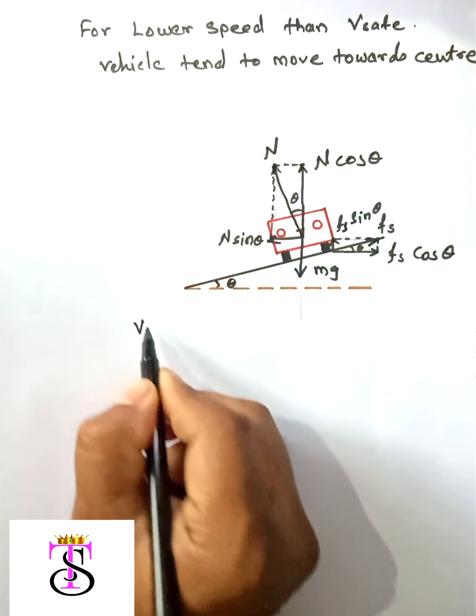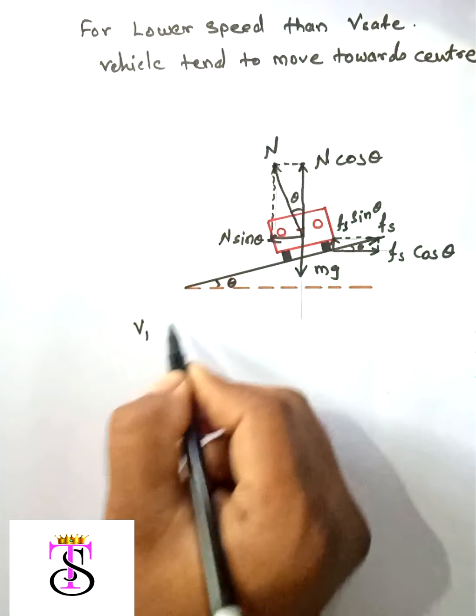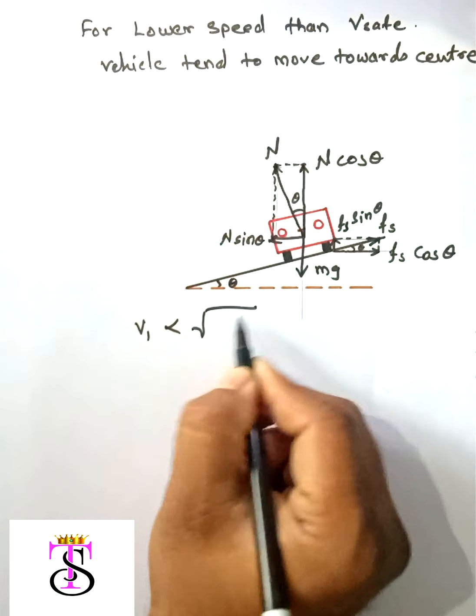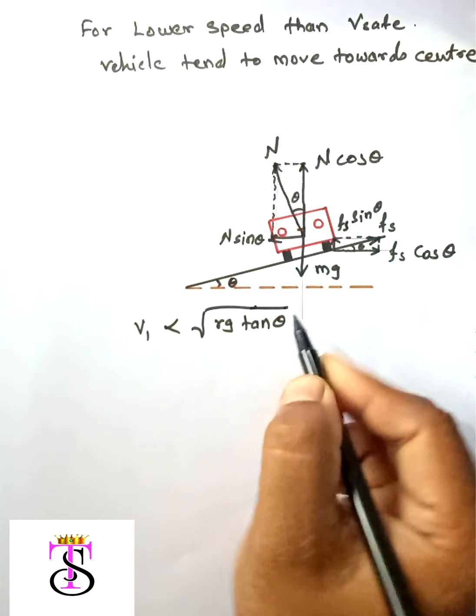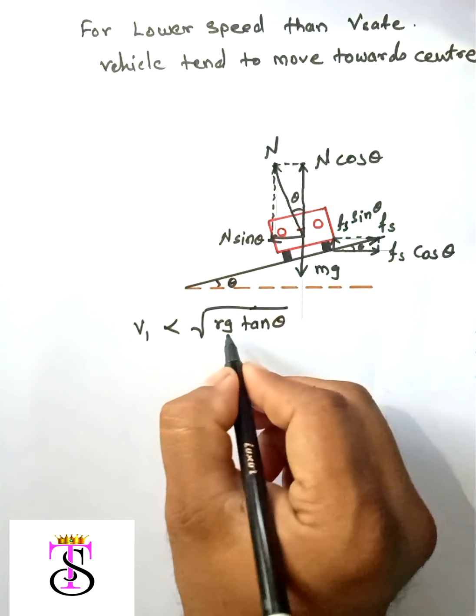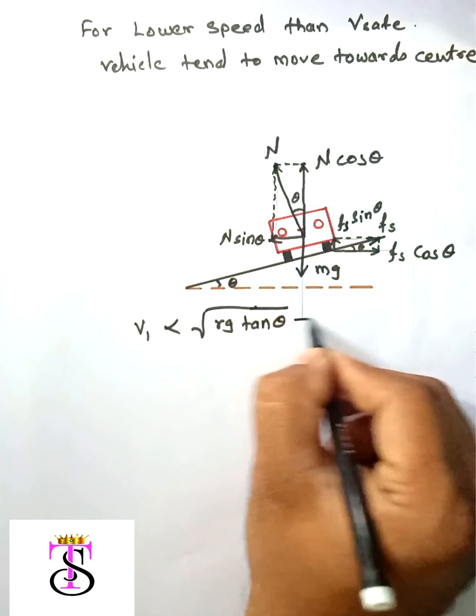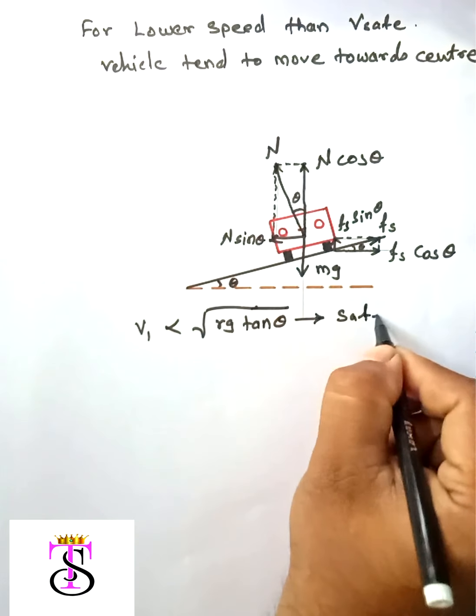We are going to find out for speed v1 less than under root rg tan theta. So root rg tan theta is the safe speed.